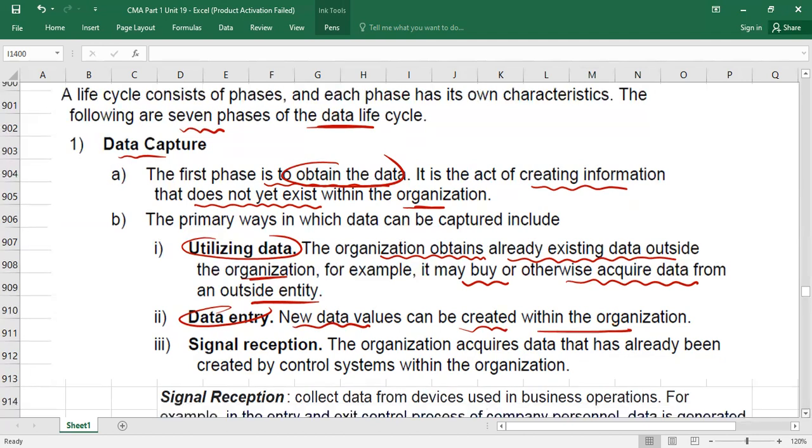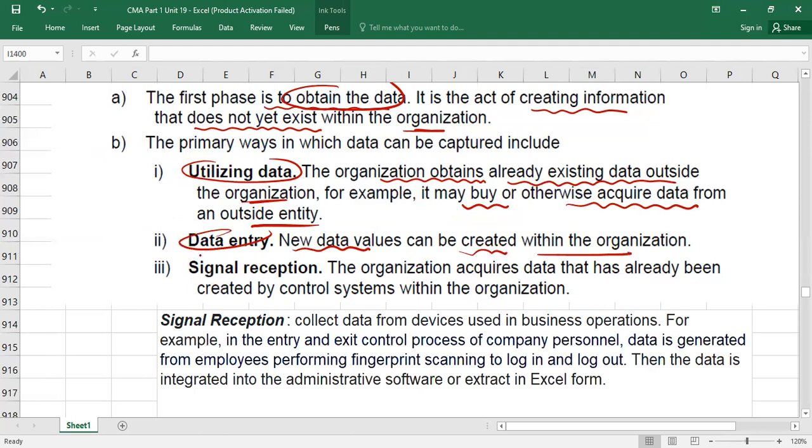Then, guys, we have a third way to capture the data, that is called signal reception. It is something interesting to understand. You can also go through these examples later on, but I'll give you an example. First understand the definition. The organization acquires data that has already been created by a control system within the organization.